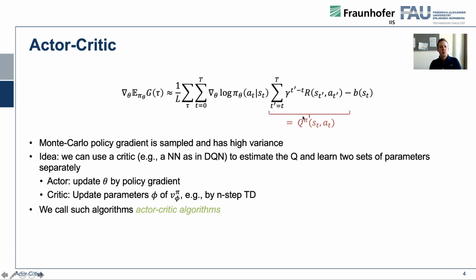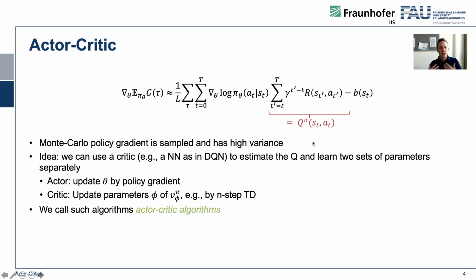This means that we want to have two sets of parameters that we train separately. One is theta that we use for our actor, and we will train it using policy gradient, and the second set of parameters phi, which we will use to estimate a value function with one-step TD or something like this. And we will use them in order to estimate the gradient.